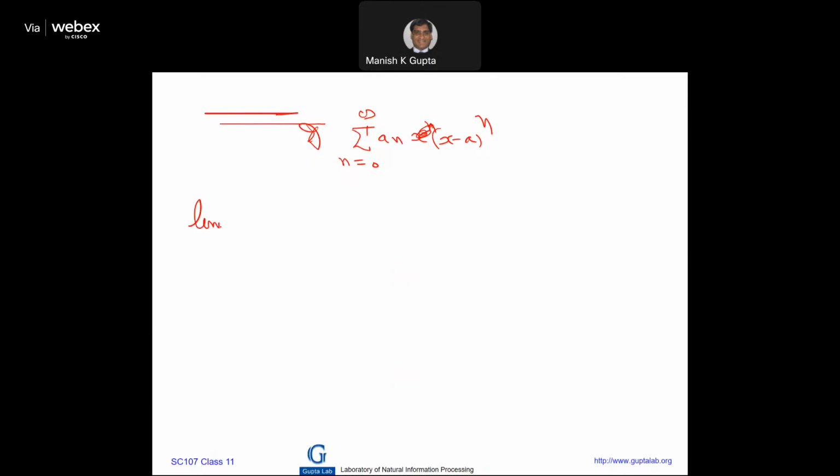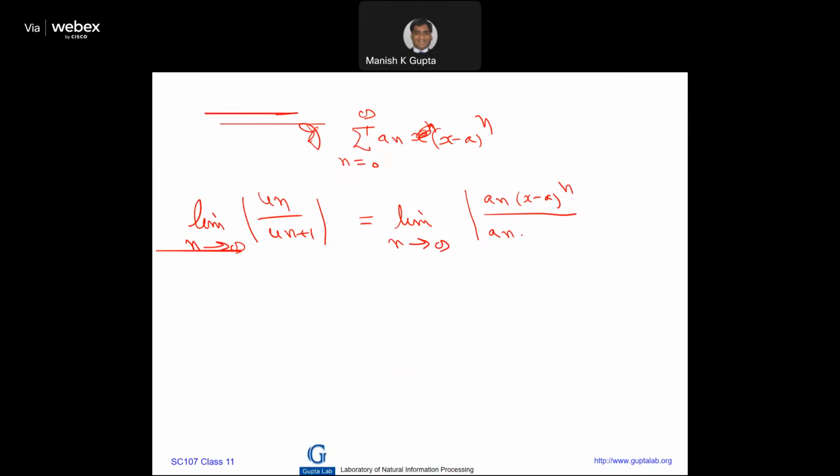I compute the limit as n tends to infinity of mod of u_n divided by u_(n+1). What is u_n here? This is the limit as n tends to infinity of mod of a_n (x minus a)^n divided by a_(n+1) (x minus a)^(n+1). I have taken u_n to be the whole thing, so a_n times (x minus a)^n is u_n. The ratio test was that you just compute this.